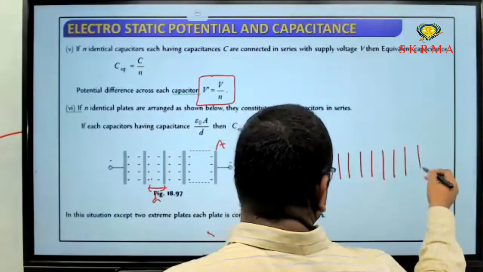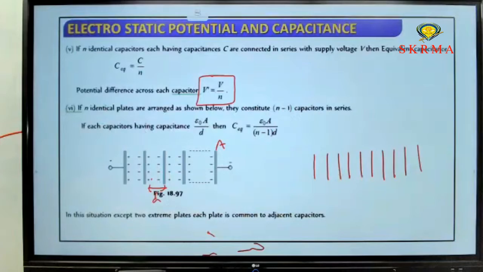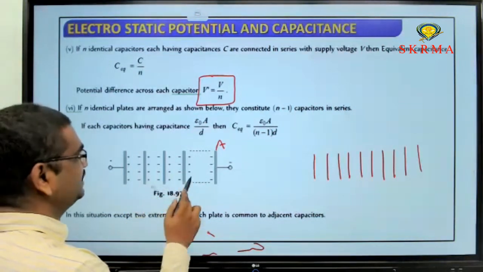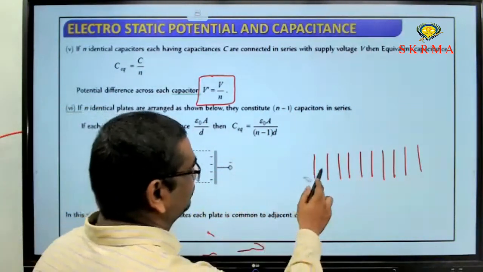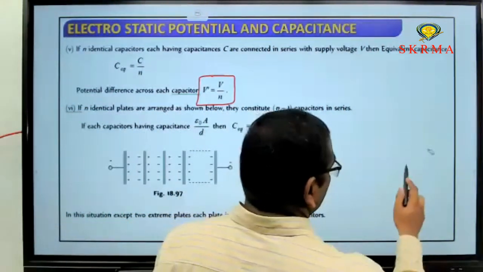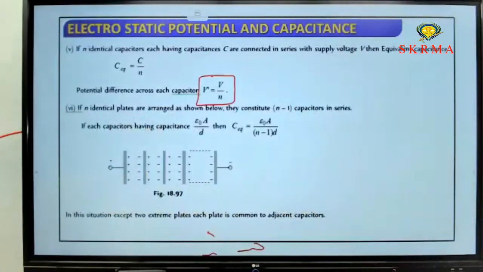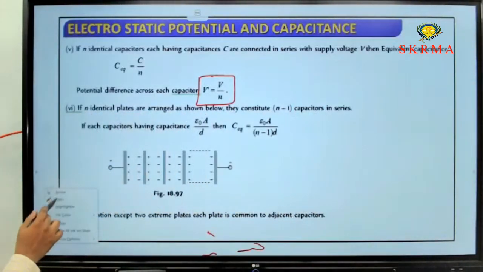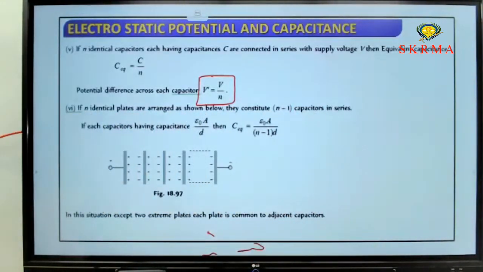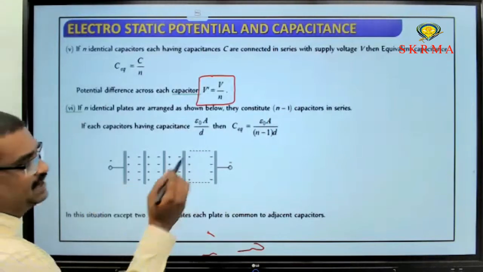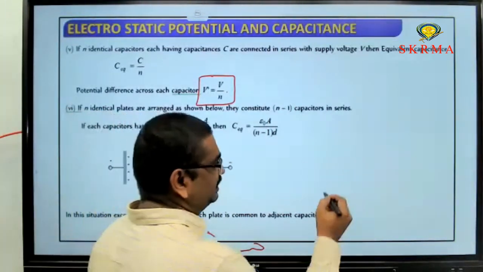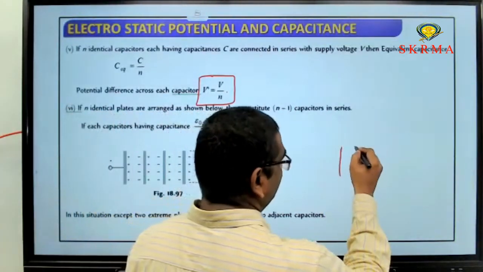Now what is the capacitance of this arrangement? Here n plates are placed side by side as shown in the diagram. Now we need to take this as a series connection. For example, I am taking 4 plates.